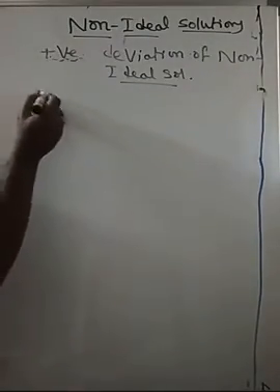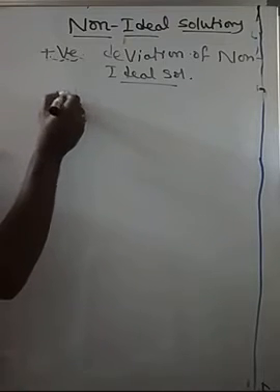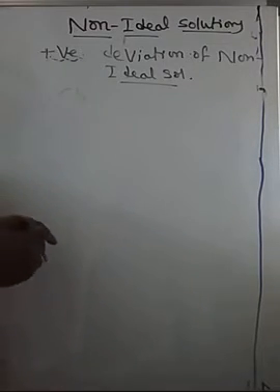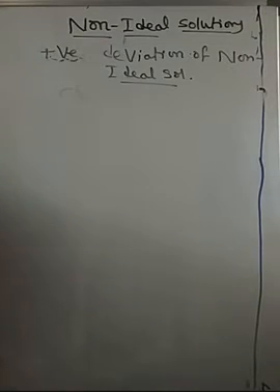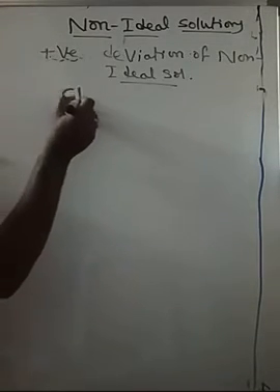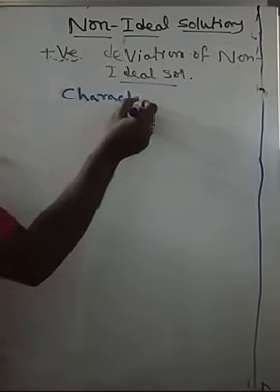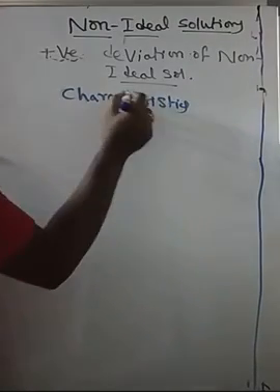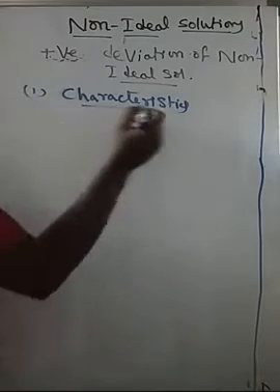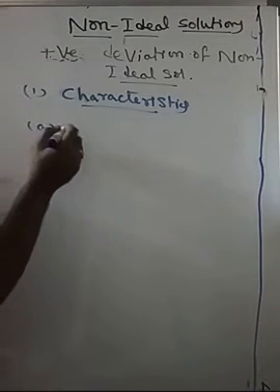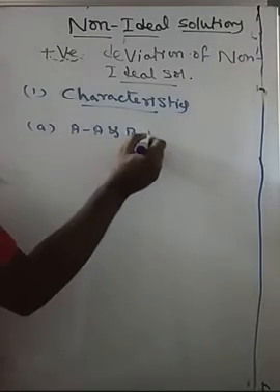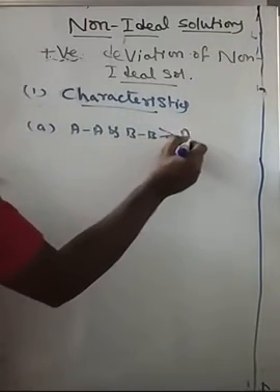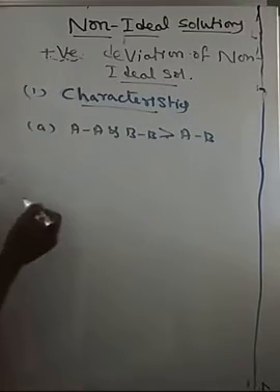First, the characteristics of a positive deviation. One: the AA and BB interactions are stronger than the AB interactions.